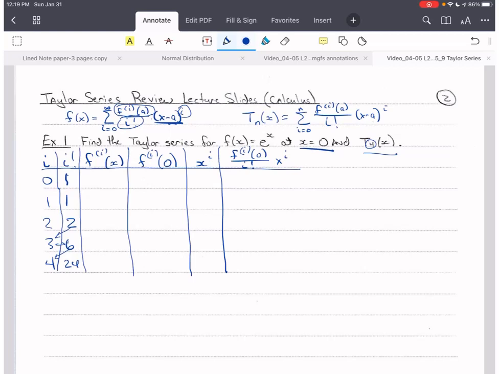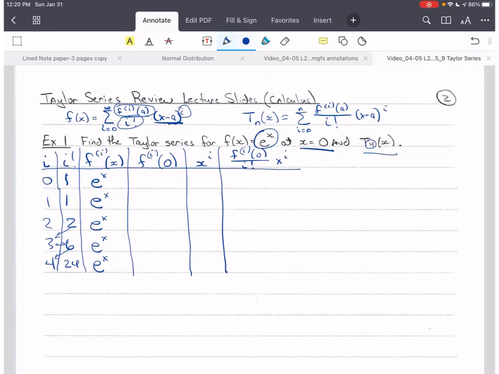Okay. So now I need to take derivatives. The 0th derivative is just going to be f, which is e to the x. It turns out that this is very easy. Every derivative is e to the x. Even though I could go further, it depends on what the derivative looks like. If there's a pattern to the derivative, you need to keep going until you can see the pattern. In this case, it's very easy.